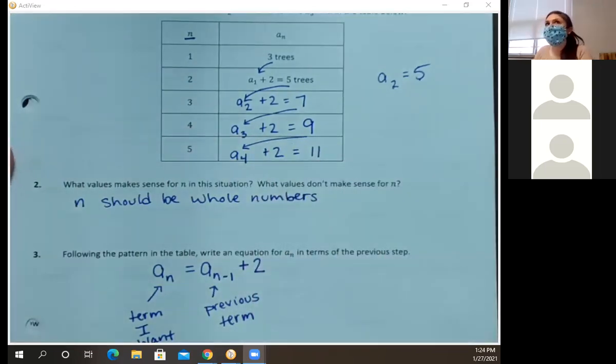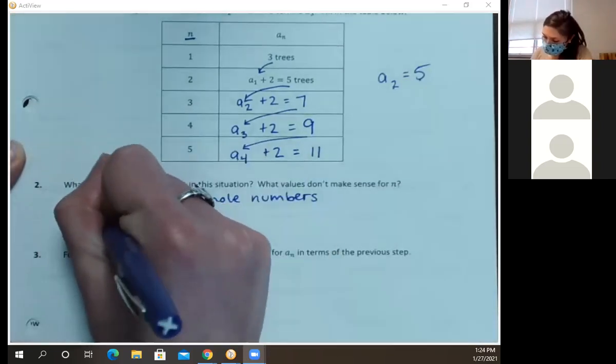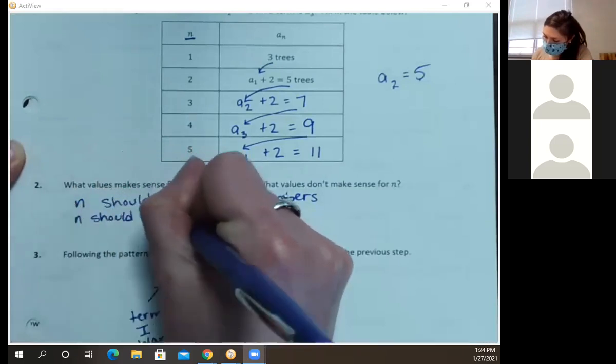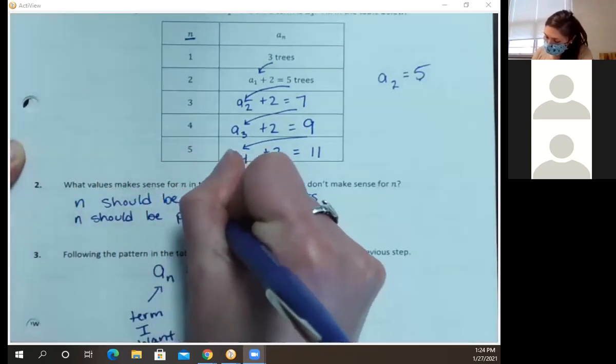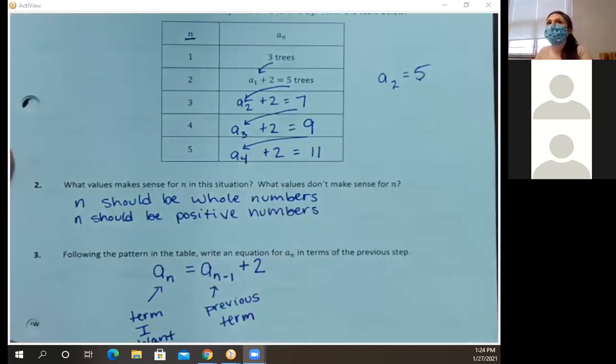And there's one other stipulation I want to put on that. So no fractions or decimals, and what else do I not want? Negative numbers. We're referring to something's place in the sequence. So we don't want fractions or decimals, we don't want negatives.